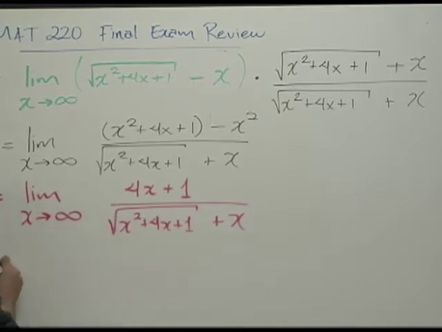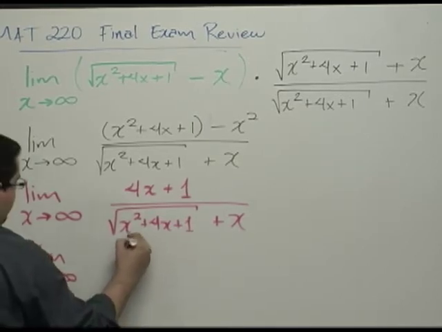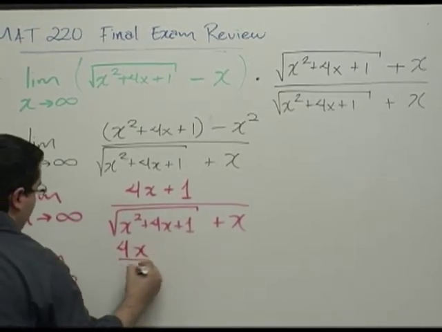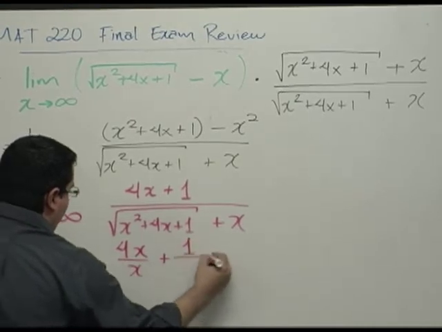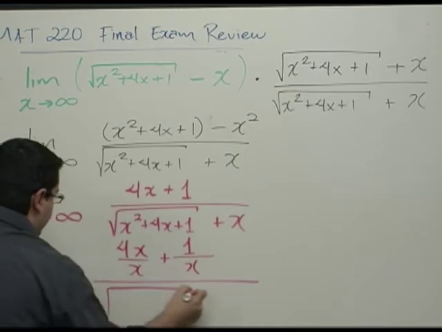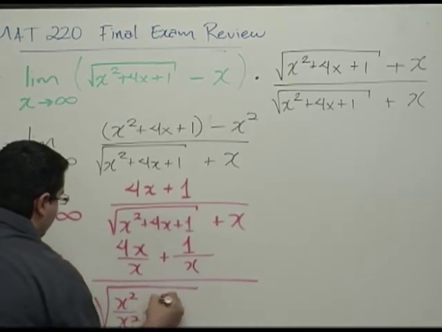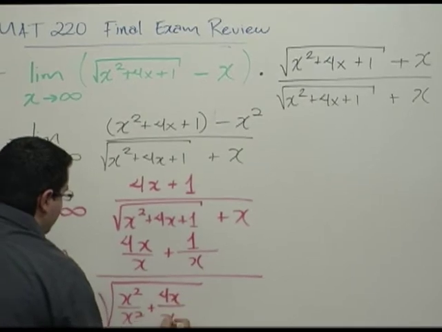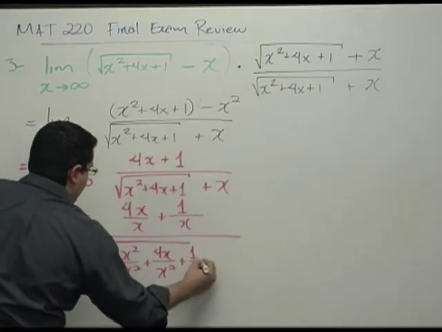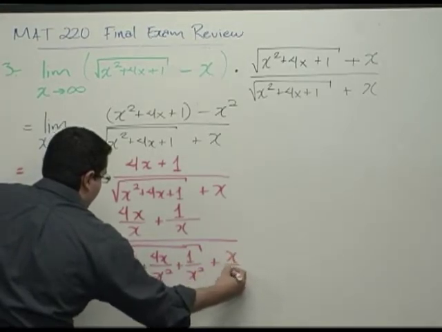So now you're looking at the limit as x goes to infinity of 4x over x plus 1 over x divided by the square root of x squared over x squared plus 4x over x squared plus 1 over x squared plus x over x.